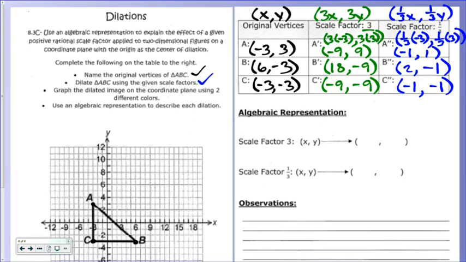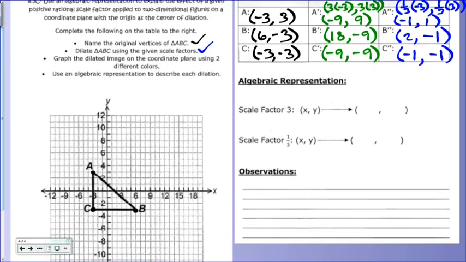Now it asks us to graph them in different colors. So on your graph, we're going to go to the green one first, our scale factor of 3. So our ordered pairs, walk to your elevator before going up or down.